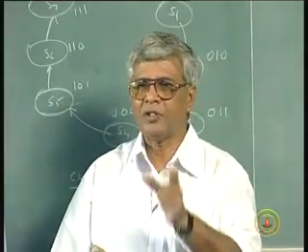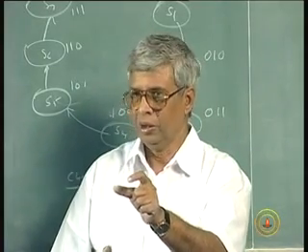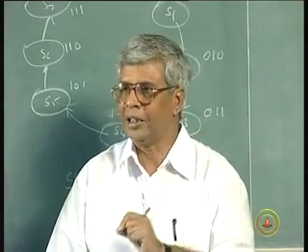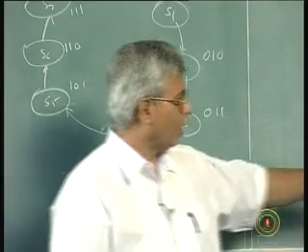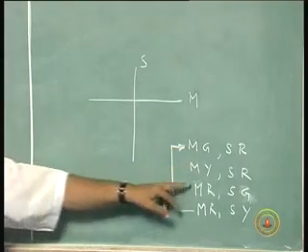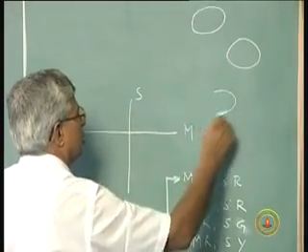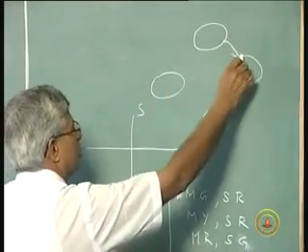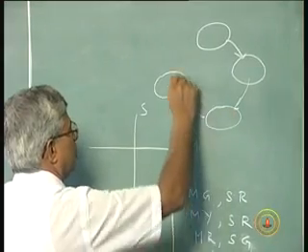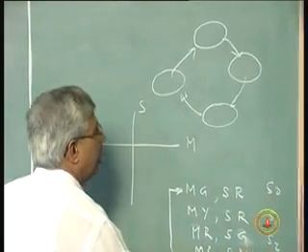So if I have a clock which is changing state only every 30 seconds, for one clock period this will be in this state, next clock period this will automatically go to this. So my state machine will be very simple. I call this S0, S1, S2, S3.